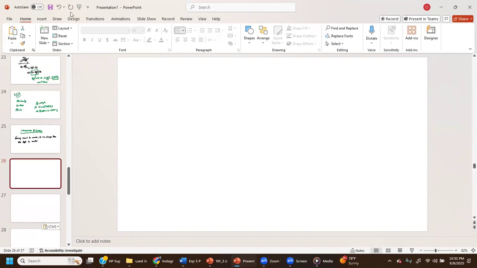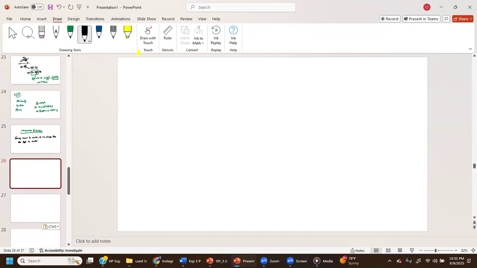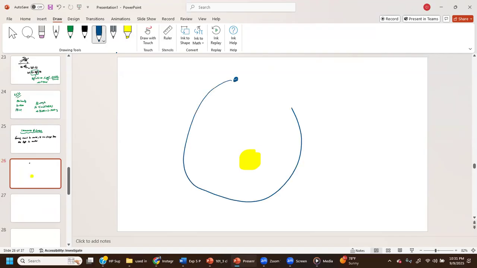So let's say this is our sun. That's our sun over here. And you've got the Earth, and the Earth is going in a rotation around the sun. So when it's far away, that means your potential energy is at its highest, your kinetic energy is at its lowest.